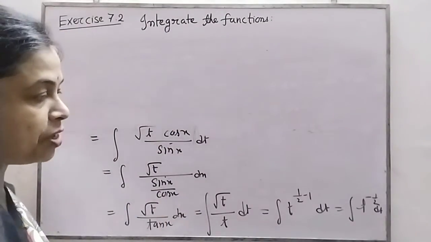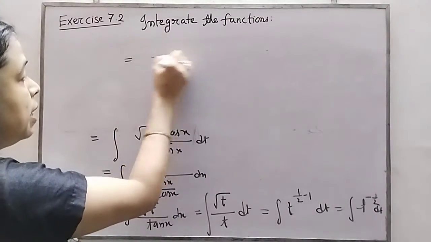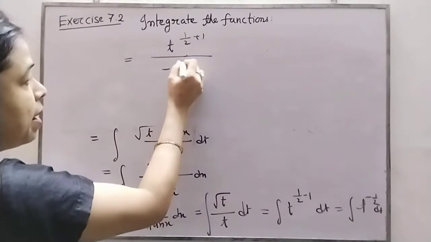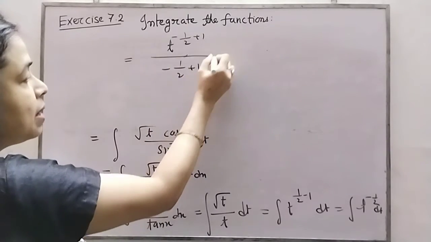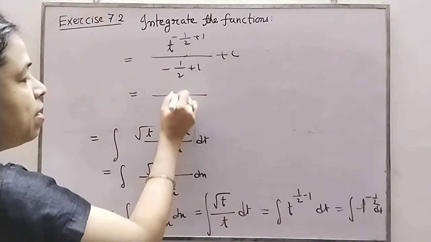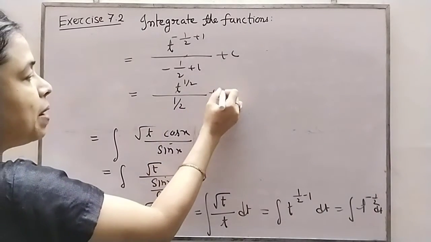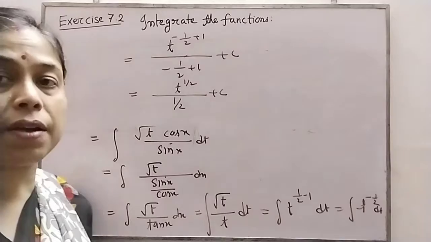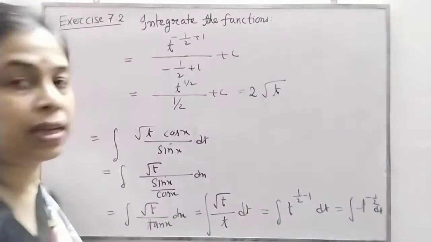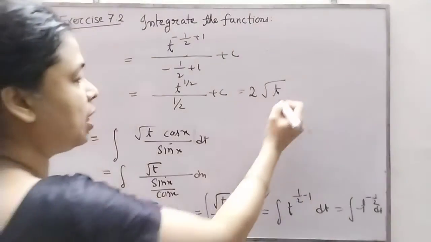The integration of t to the power minus half is t to the power minus half plus 1 by minus half plus 1, plus c. Then on doing the calculation, the denominator is half, numerator t to the power half plus c. Half I can write as the reciprocal, which will be 2. And t to the power half can be written as under root t, plus c.